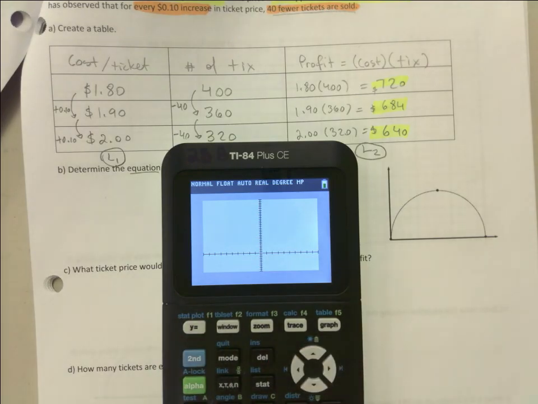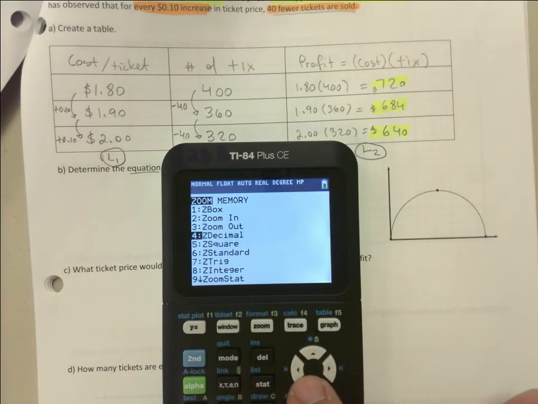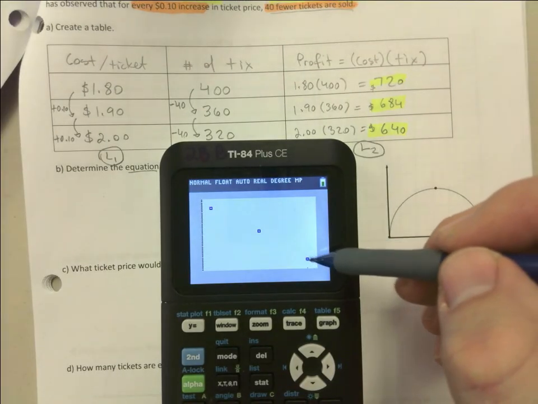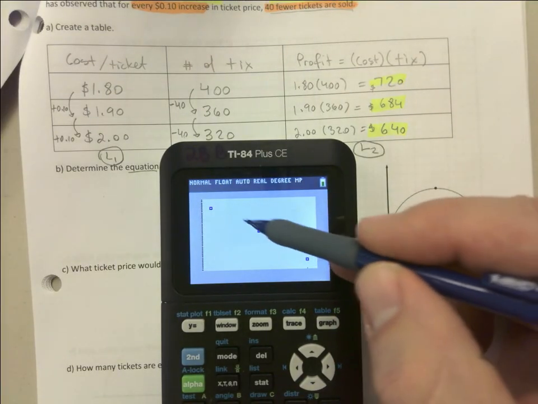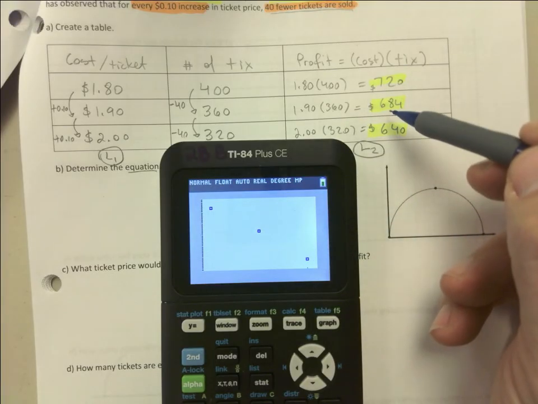And it's still not there. Am I missing something? Zoom, stat, yeah. I did that on purpose. So there we go. Does that look like a quadratic to you right now? It kind of looks like a straight line, right? Because we're so zoomed into these 3 points on the curve.